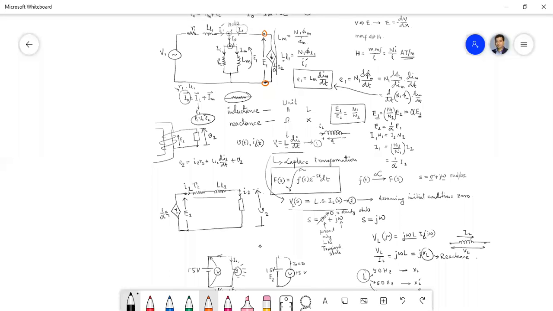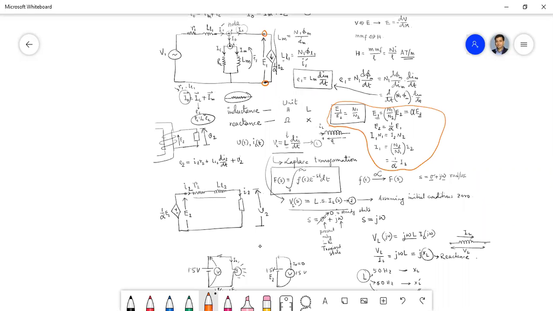I think you have understood this. So if you have understood, then we'll proceed. One circuit is representing the primary winding and another circuit is representing the secondary winding.